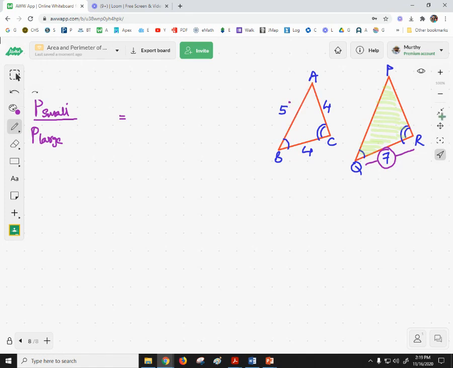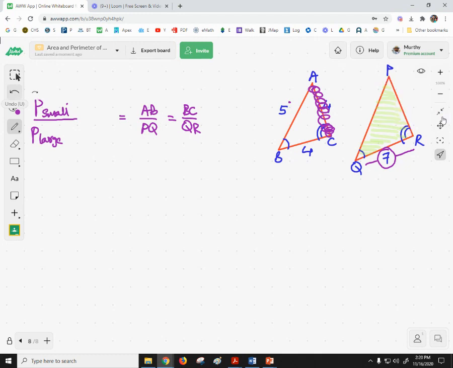Therefore, here AB over PQ equals, if I take BC, then the corresponding side is QR, so I have to take BC over QR, and the third side is AC, and the corresponding side is PR.